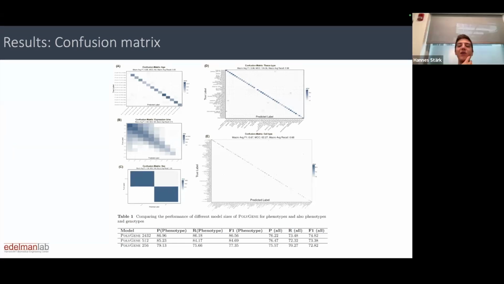No, but I mean, we have here some confusion matrices, or we have some diagonal lines, basically, is what we can see. Let's maybe look at the numbers down there. What are you predicting there?